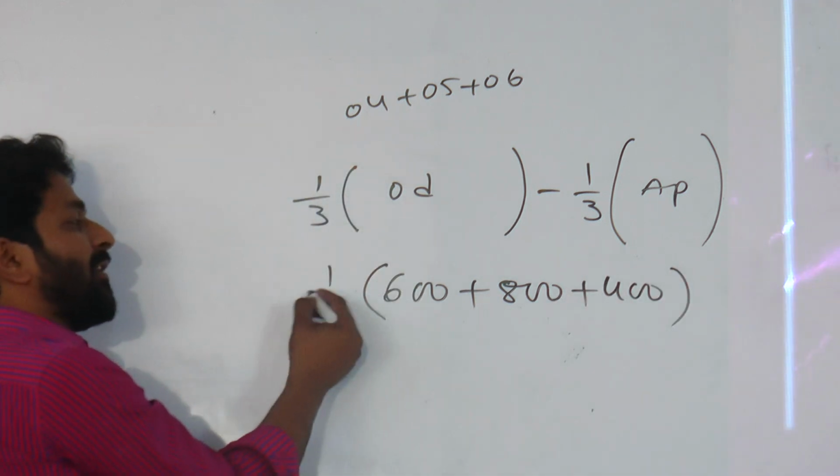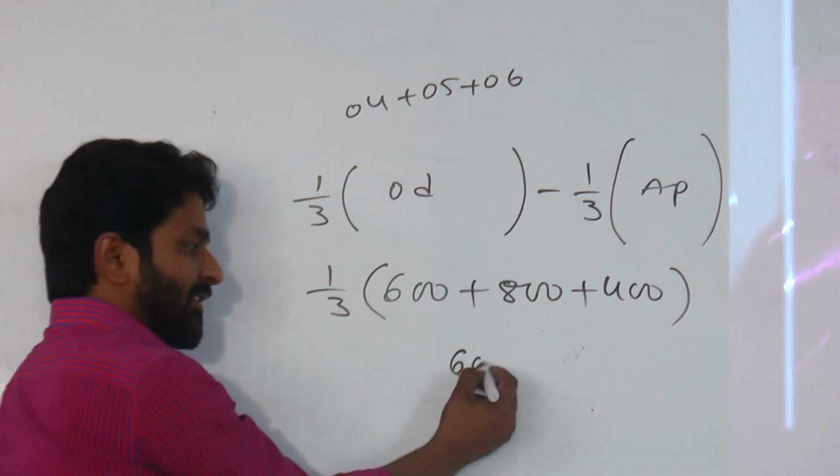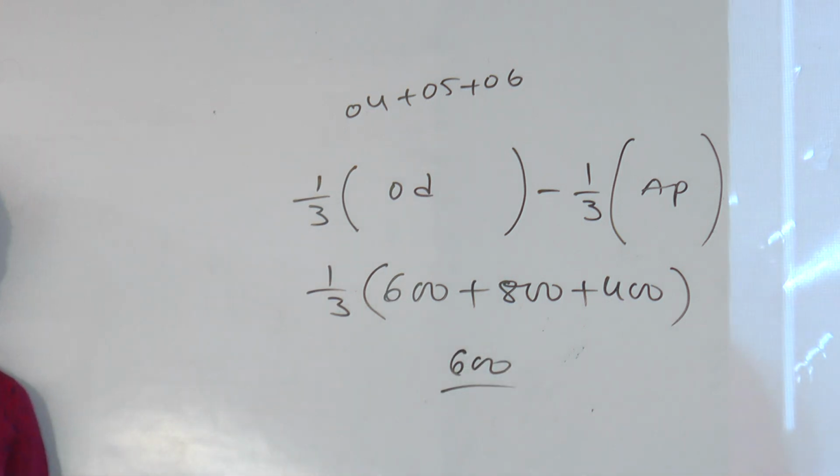And for these 3 values calculate average, which is 1800 by 3, 600. 600 is your answer. Go for individual difference, that will be simple. Okay, don't complicate your data. That's what my suggestion.